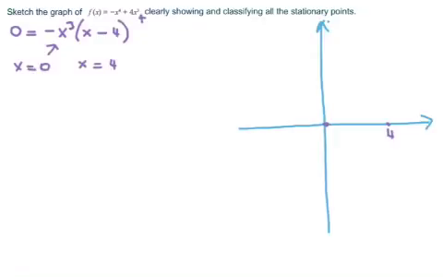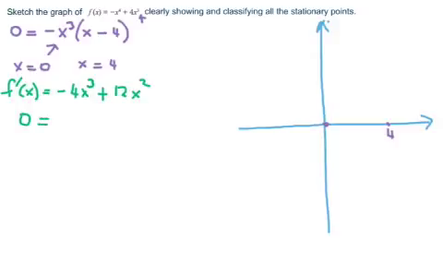Okay, now to go any further, I'm going to need to take the derivative. So let's do that now. f dash x is equal to negative 4x cubed plus 12x squared. Okay, so once again, the next step here is to make this equal to 0 and find the roots of this. So I'm going to need to factor again.